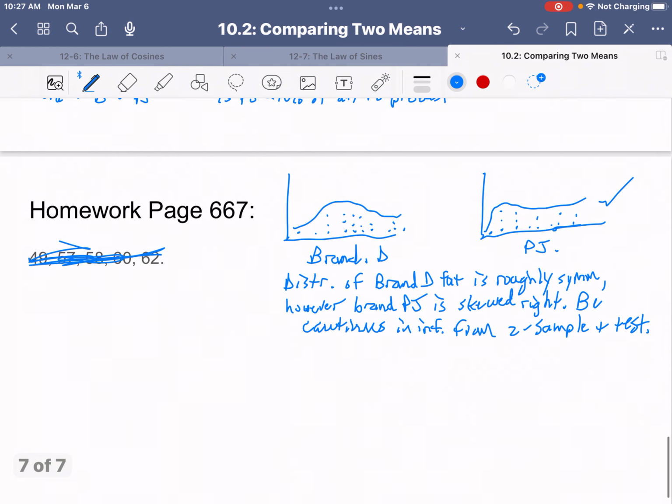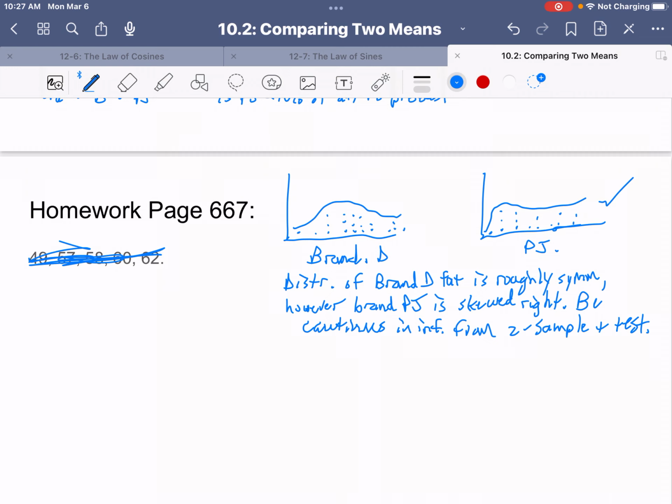Okay, so let's run the test. Well, we've got all this data in our calculator, so I'm going to go back to my calculator page, and I'm going to press menu, statistics, statistics tests, and find that two sample t-test. This time it says data input method, leave it as data, and press OK.